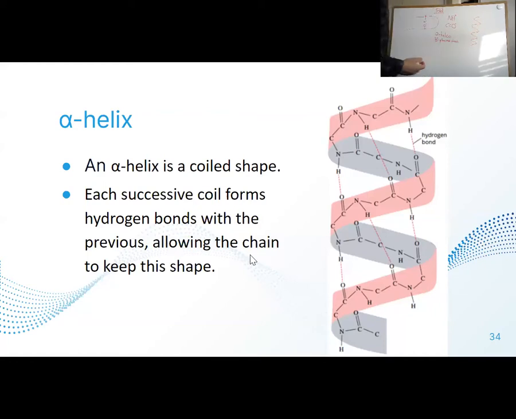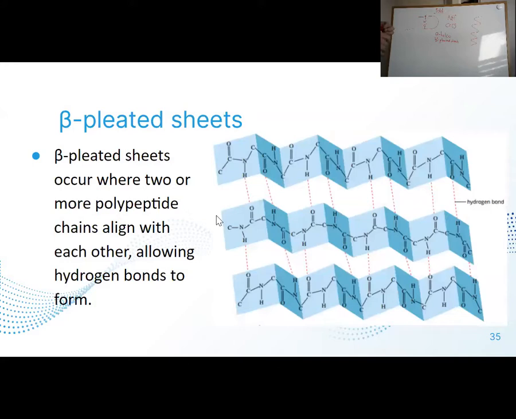Obviously, the drawing on there is much better, and it's formed by these hydrogen to oxygen hydrogen bonds, and you can see there on the slide that the chain is held in shape by those strong hydrogen bonds. We also have beta pleated sheets, which look like foil that's been folded into that shape.